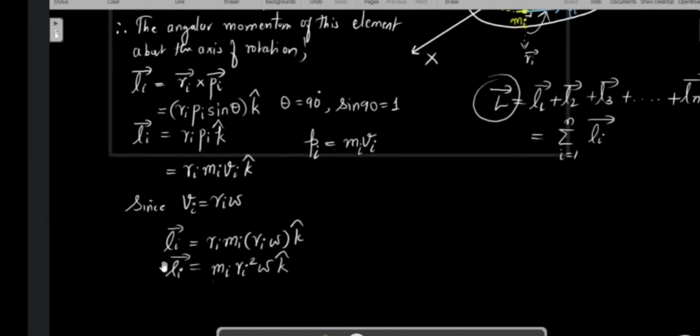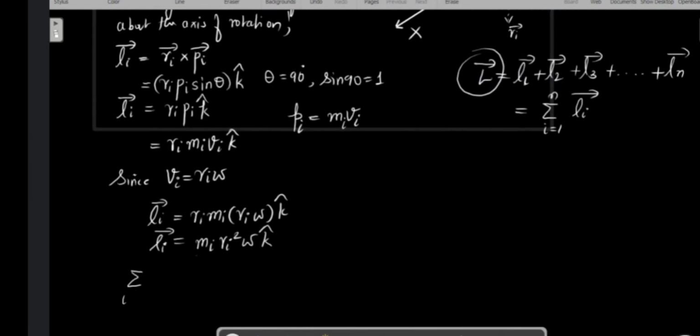In the same way, I will take the summation on both sides. Summation i equals 1 to n of Li is going to give me the total angular momentum. On the other side also, summation i equals 1 to n of Mi Ri square into omega into k cap.